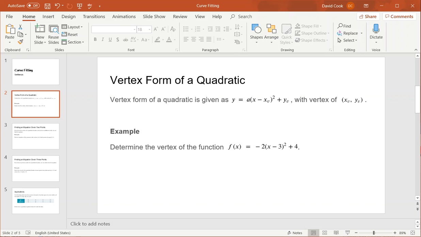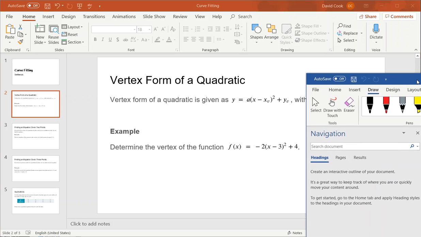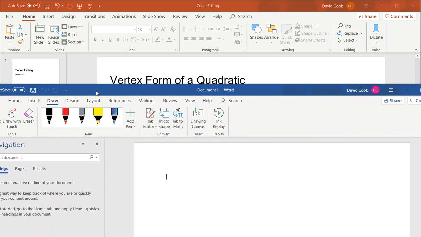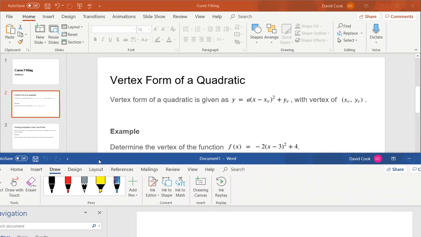So let's take a look at this example right here. I have a whiteboard here that we're going to use.